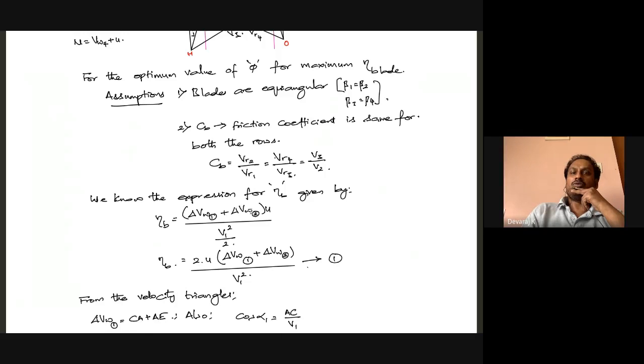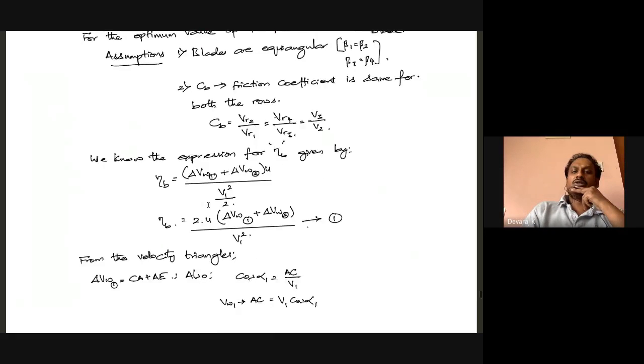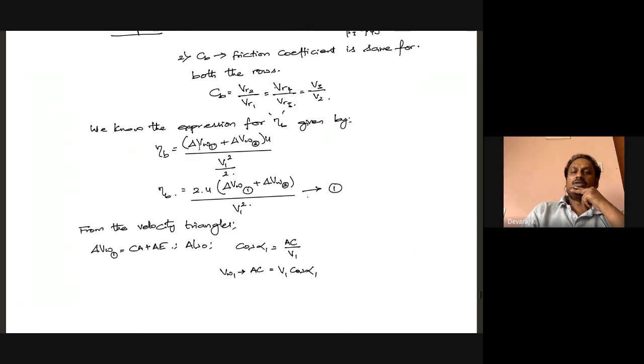the blade efficiency is nothing but the work done divided by the kinetic energy. What is the work done? Delta VW1 for the first rotor plus delta VW2 for the second, into U, the whole thing divided by V1 squared by 2.